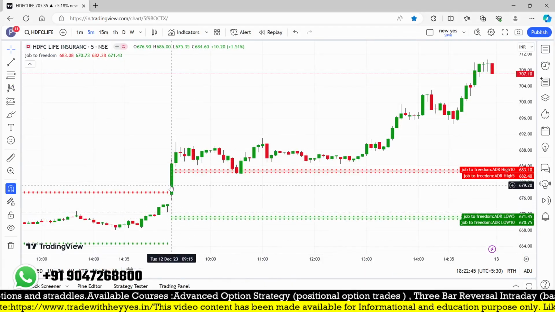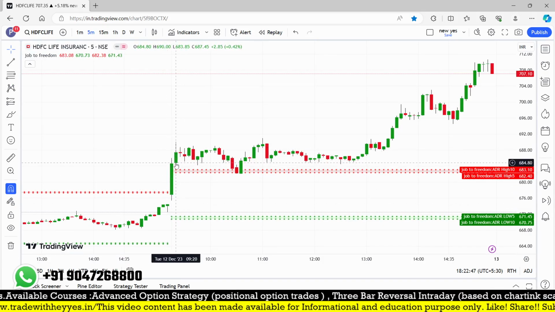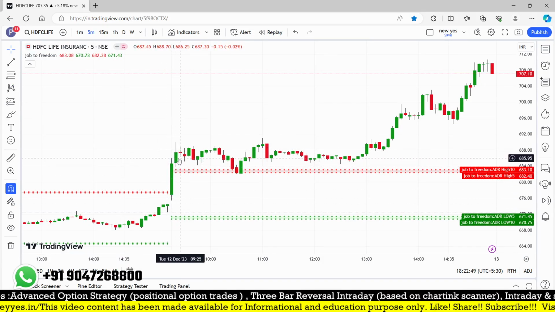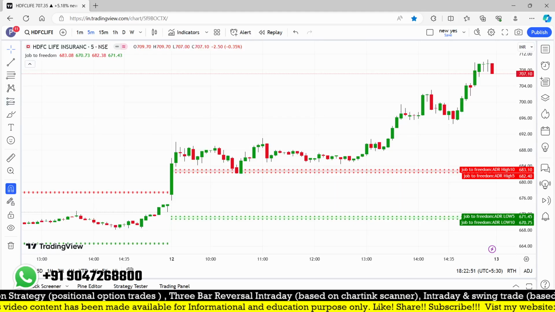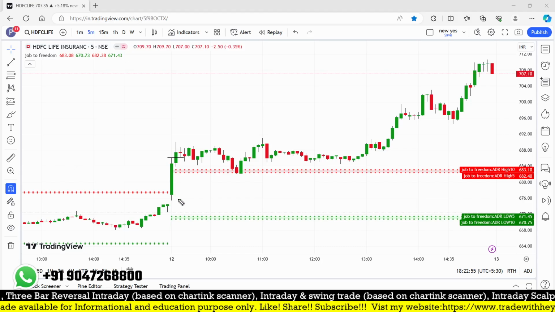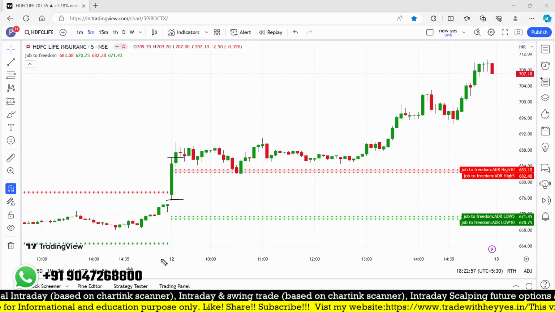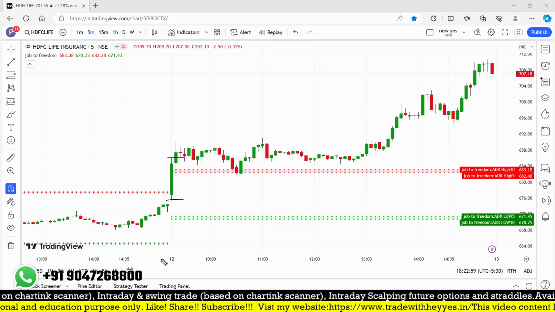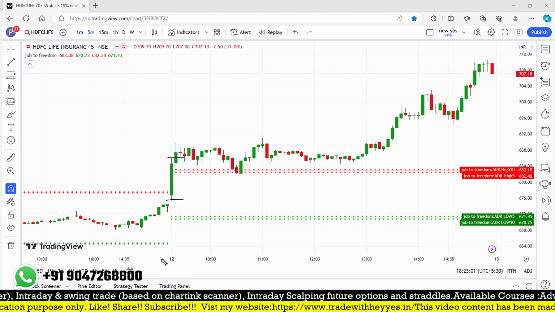Here HDFC Life Insurance is forming a close above the level. If I want to take a breakout trade, I enter only above this high, and I can keep my stop loss below this candle's low. If that stop loss is very big, simply ignore the trade. There is no need to place orders.